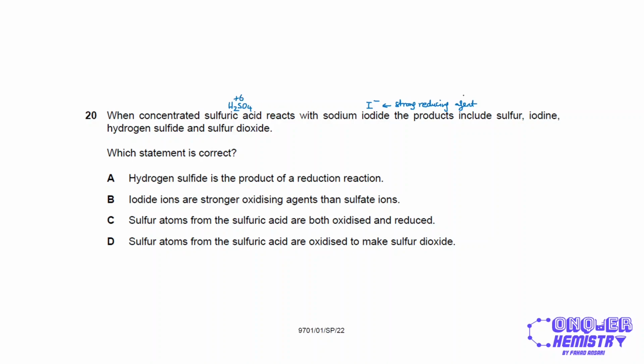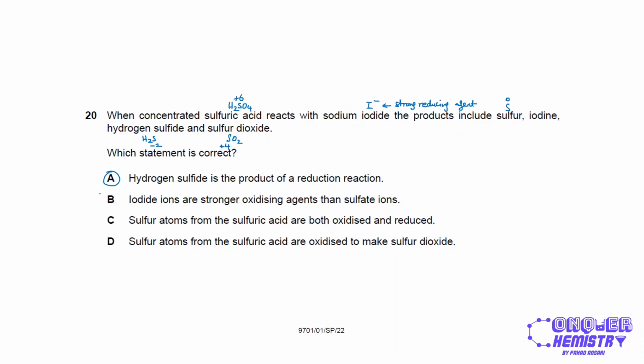This is going to be reduced. So sulfur has an oxidation state of 0. And in hydrogen sulfide, sulfur has an oxidation state of -2. And in sulfur dioxide, sulfur has an oxidation state of +4. So in all of these cases, sulfur has a lower oxidation state than +6. Right? So option A, hydrogen sulfide is the product of a reduction reaction.